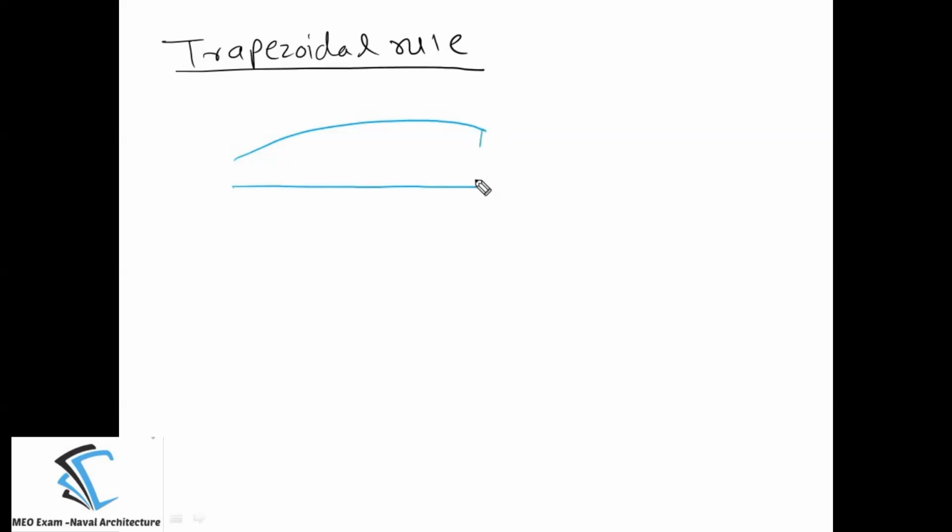So this is an irregular shaped object, and you can say this is A, B, C, D, and I want to find out the area made by this A, B, C, D. Okay, this area I have to find out. This is my task.